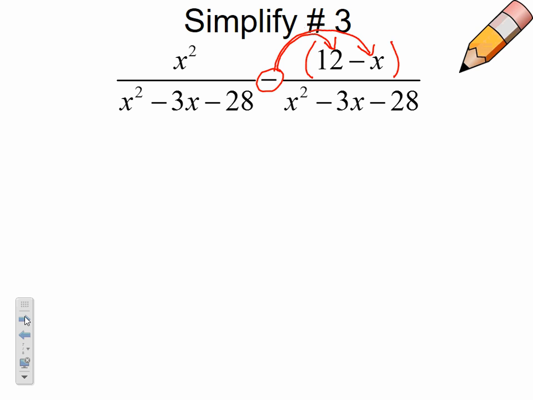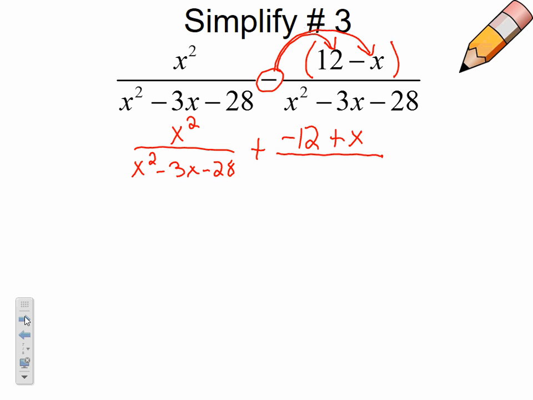So if I want to rewrite this one, I'm going to have x squared all over my x squared minus 3x minus 28. And now if I'm distributing that negative, it can become a positive problem now. And it's going to be over negative 12 plus x, because both of those signs are going to change. I'm going to get x squared minus 3x minus 28 on the bottom. Now the signs are only changing in our numerator.